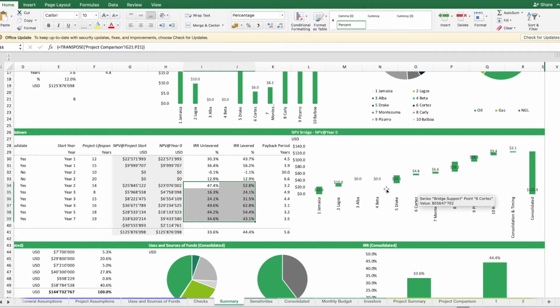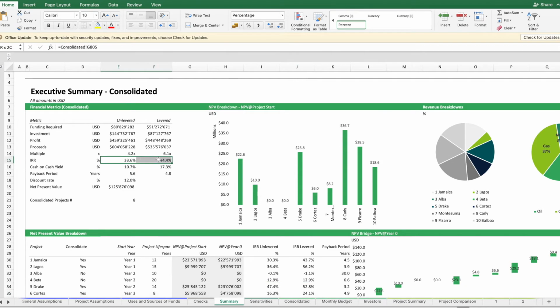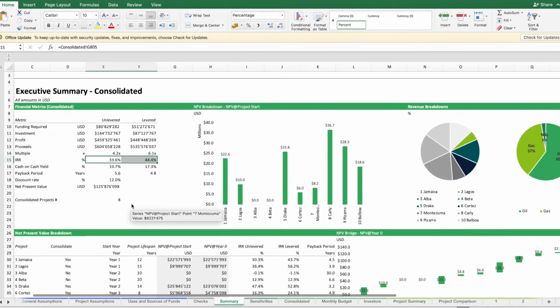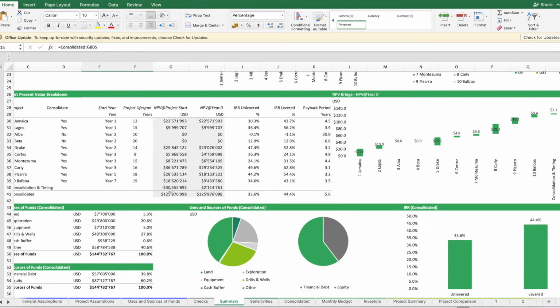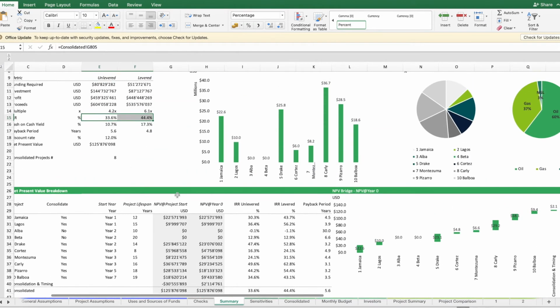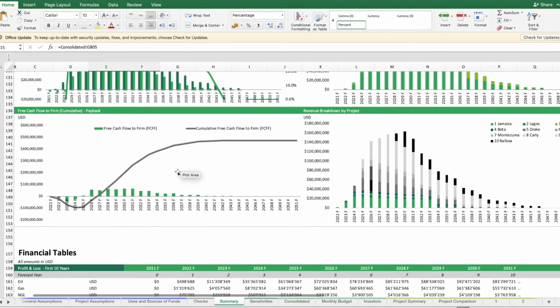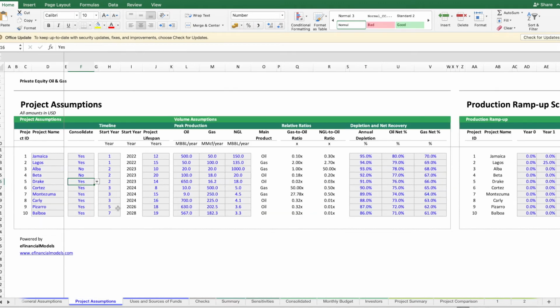And then we can understand how the overall IRR will look, either unlevered or, if we can get debt financing, levered. What will the revenue breakdowns be, etc. All the charts will be updated, and we can run a scenario to see how that would look. Then, in case we would not like this cash flow pattern, we could also move around the timing.